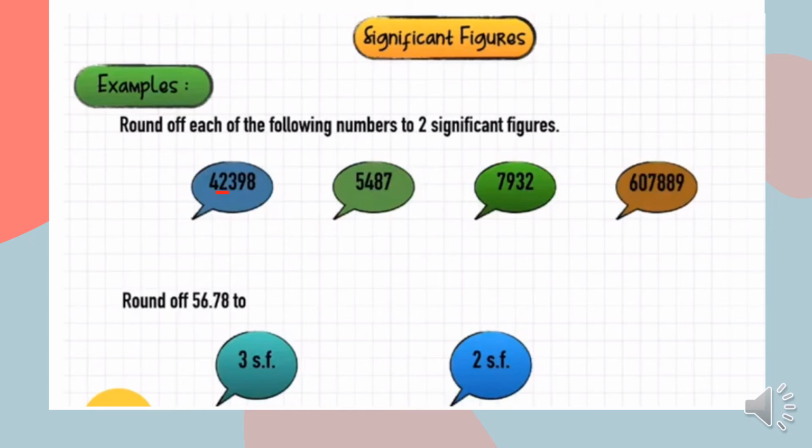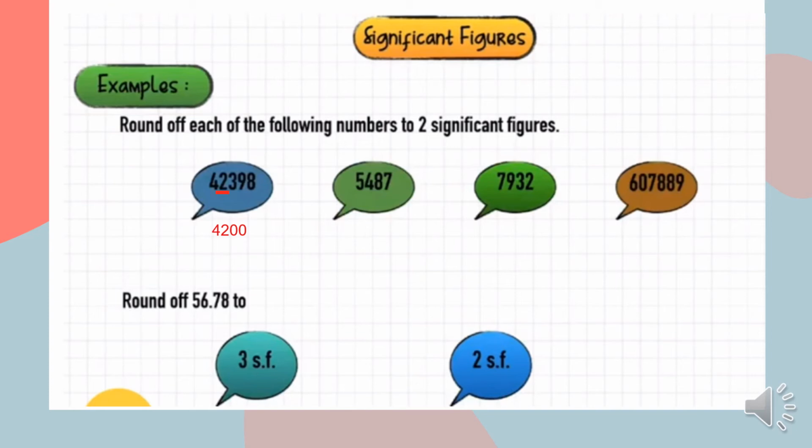Do we have to round up or no? No, so we just remain. So we write it as 4200. Or I missed another 0, sorry. So this one should be 42000. Okay, I missed another 0. So because after 2, the rest of the numbers are going to be zeros.